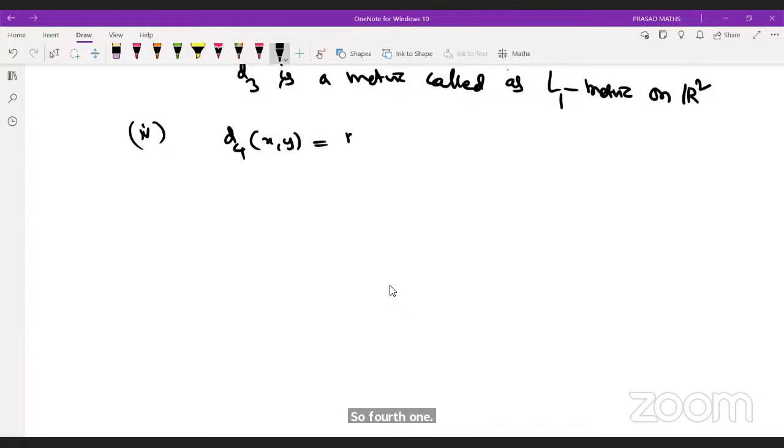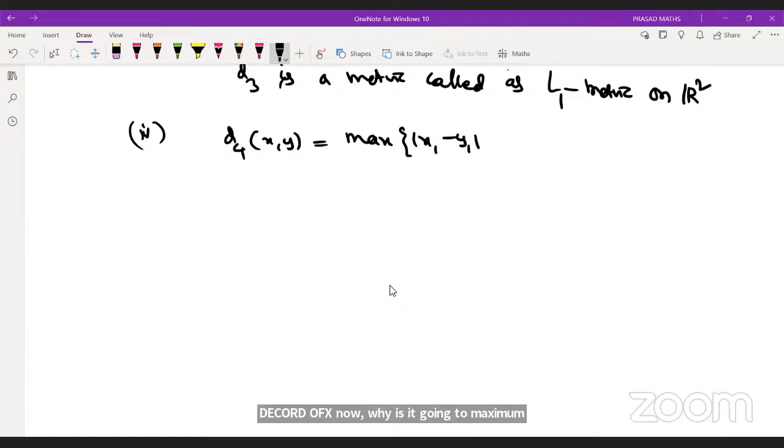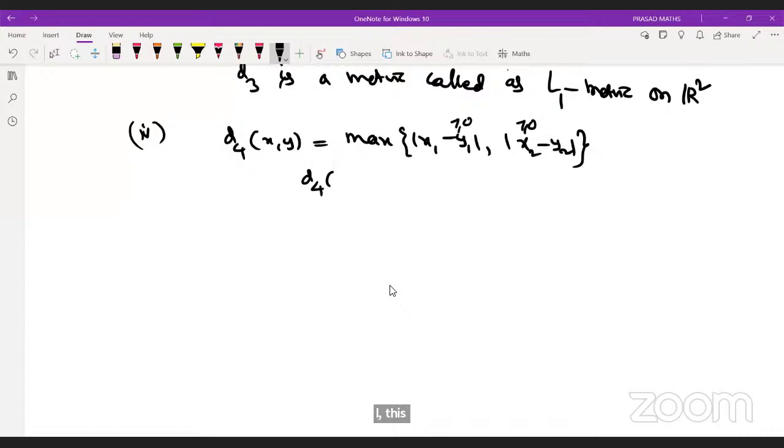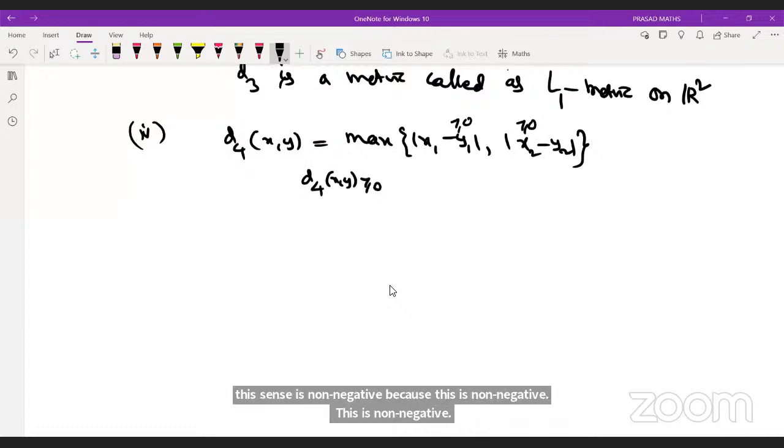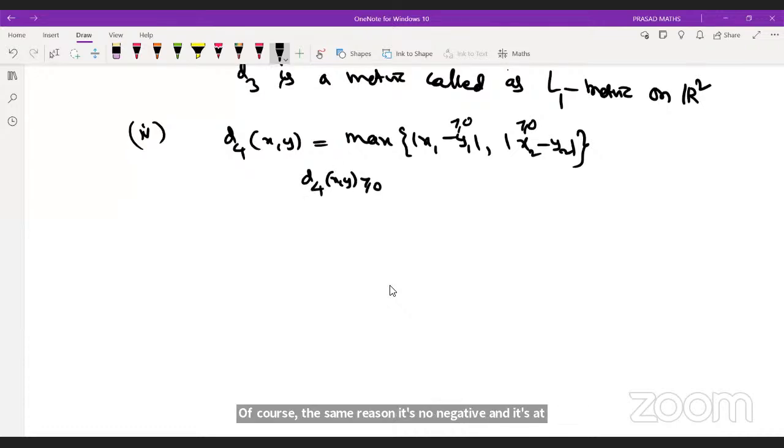So the fourth one. d4 of x comma y is equal to the maximum of mod of x1 minus y1, mod of x2 minus y2. So this is also a metric. You can easily check it by the same strategy. Right? Distance is non-negative because this is non-negative, this is non-negative. Therefore, distance between x comma y is non-negative and it satisfies the second property.